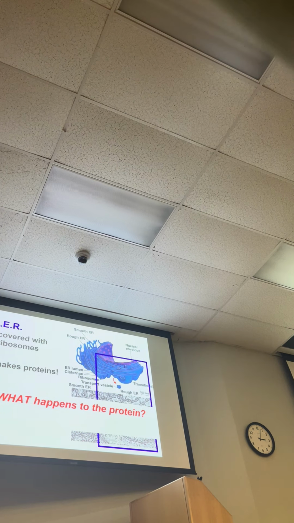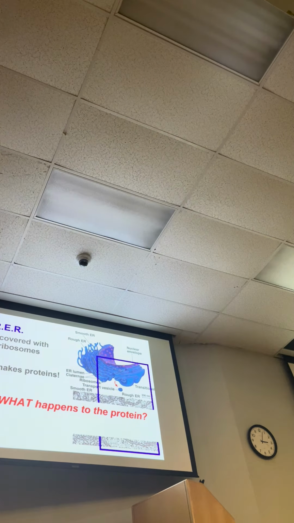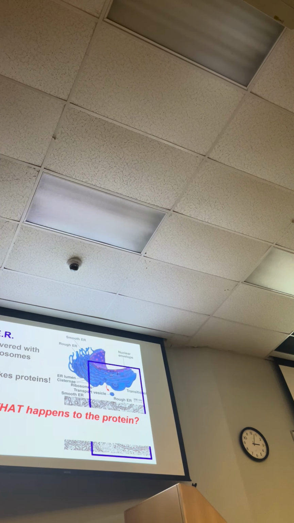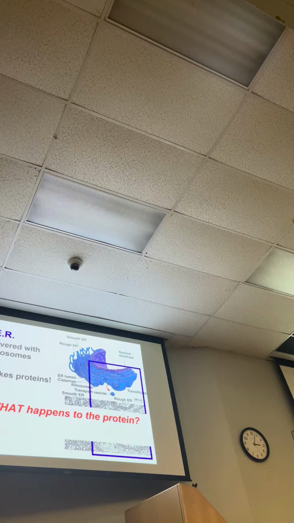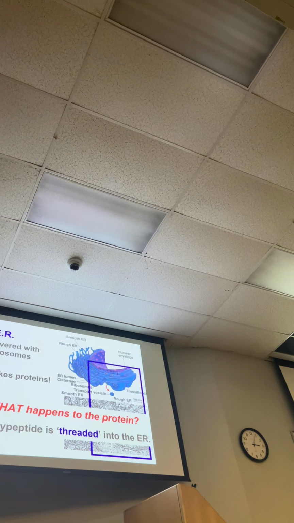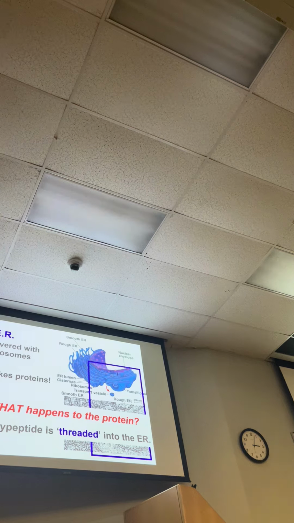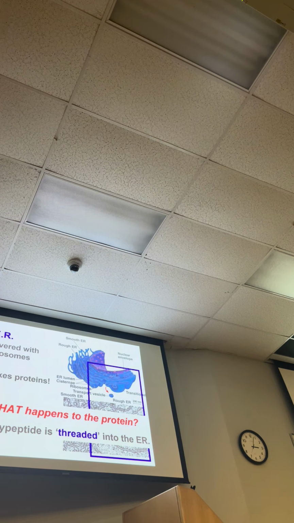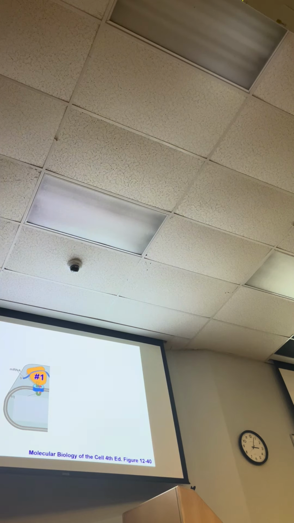The protein we know, made by the bound ribosome, enters the ER. It is threaded across the ER membrane. Threaded is a good word, I think. Threaded into the ER. Okay?